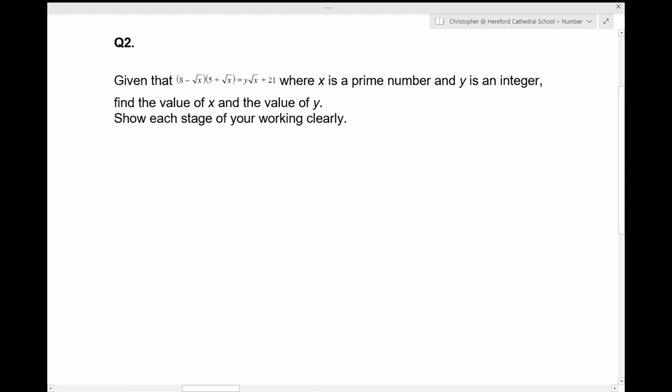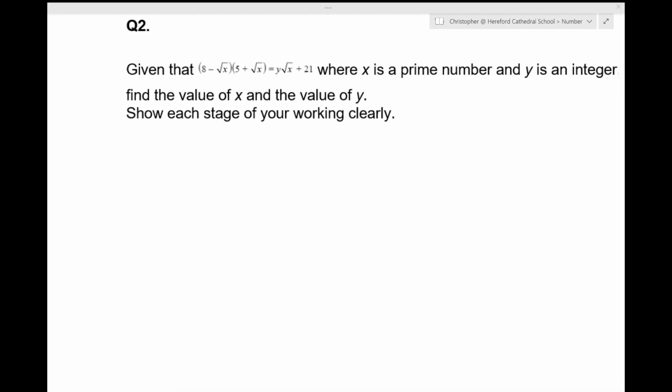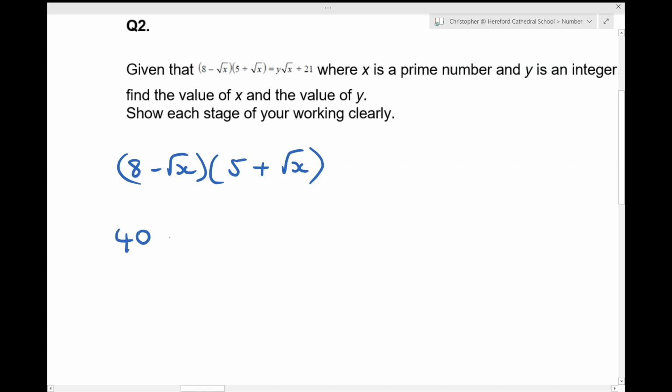Question 2. All right, now what I'm going to do here is start by multiplying out 8 minus root x multiplied by 5 plus root x. Let's expand those brackets. So I'm going to do 8 times everything in the second bracket. 8 5s are 40. 8 times root x is 8 root x. Now I'm going to do minus root x multiplied by everything in the bracket.